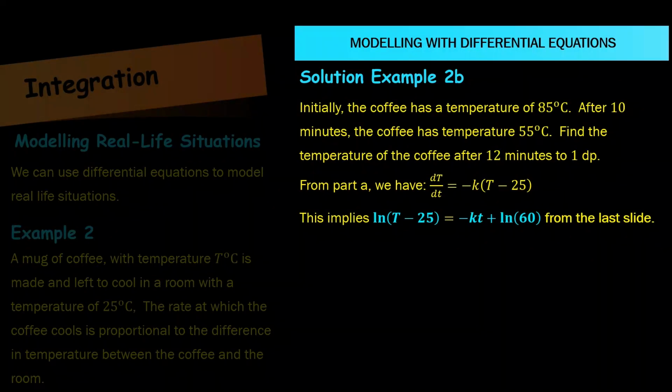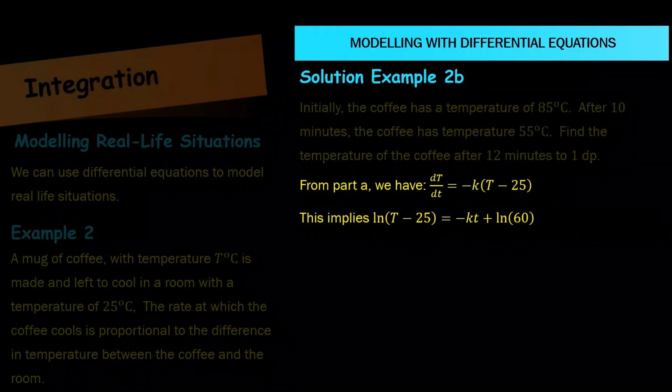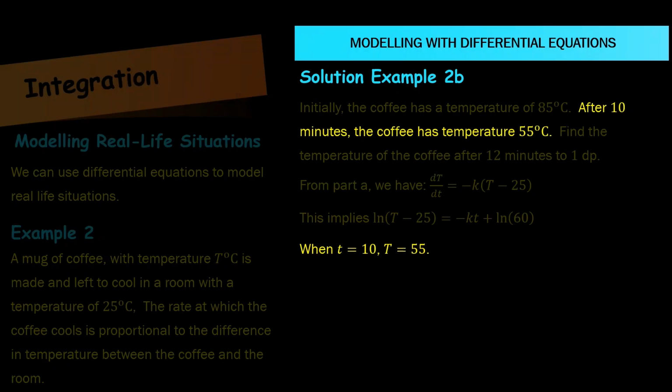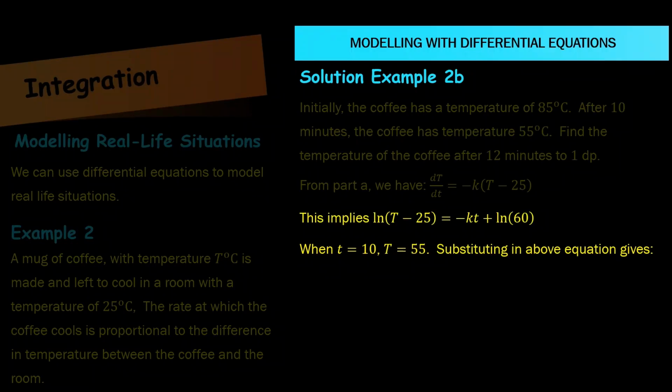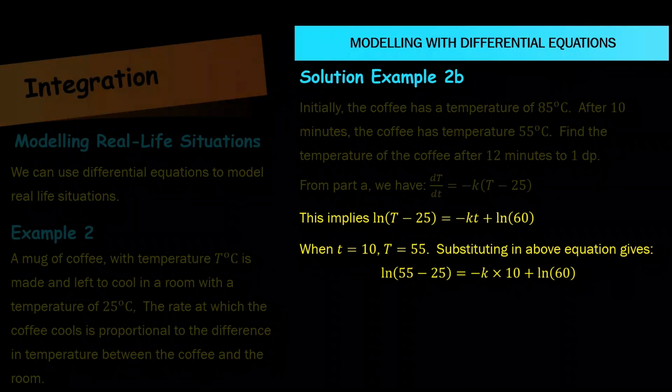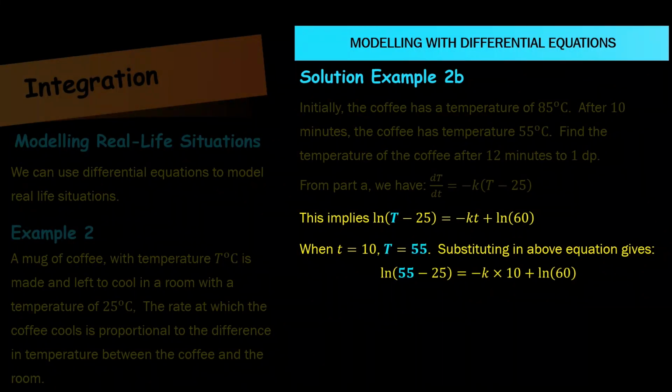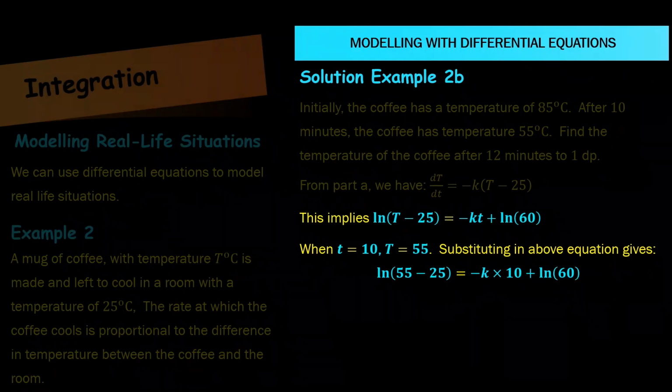We also know that after 10 minutes, the coffee has temperature 55 degrees Celsius. And so substituting these values into the equation gives us ln of (55 minus 25) equals minus k times 10 plus ln of 60.